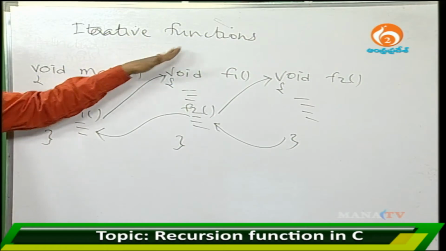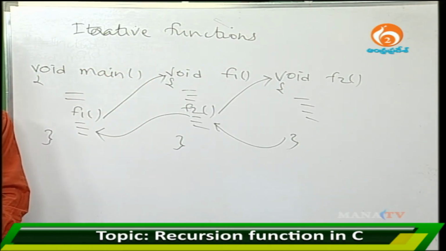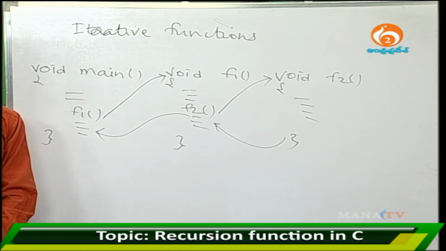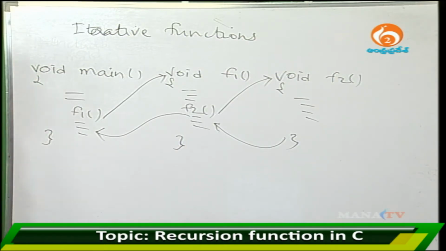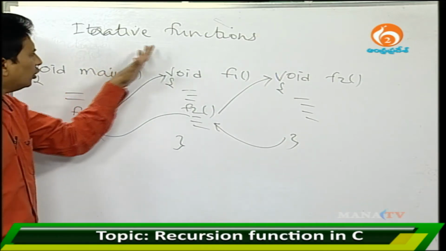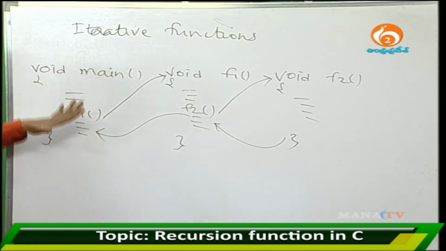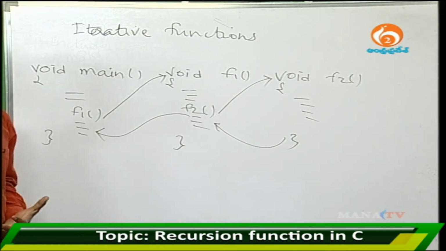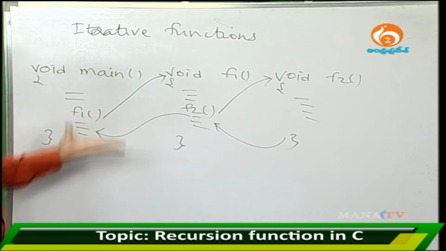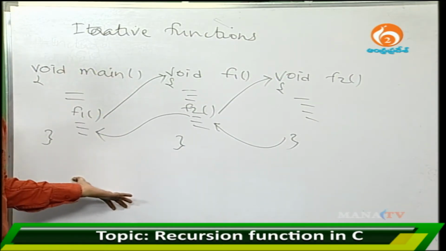This is the procedure for iterative functions: main function is calling the f1 function, which is calling the f2 function. To write an iterative function, we have to design this procedure, and it is very simple.